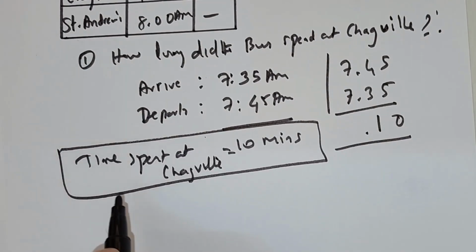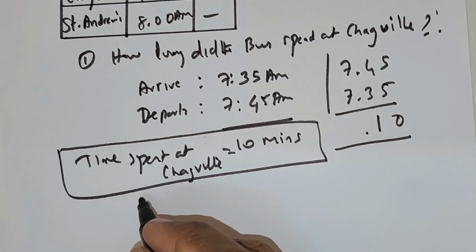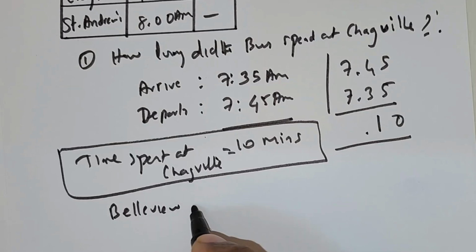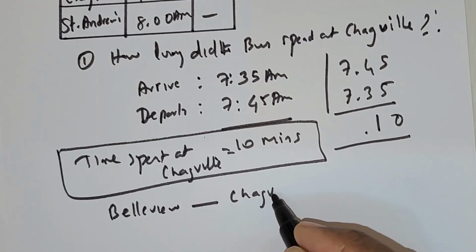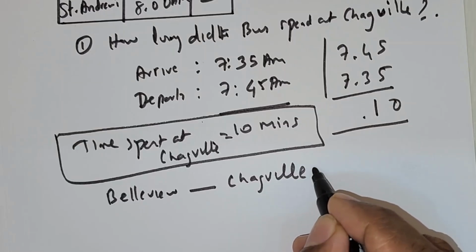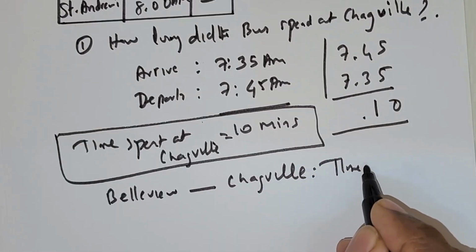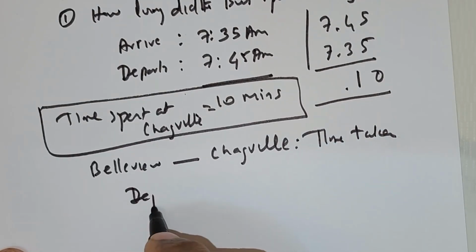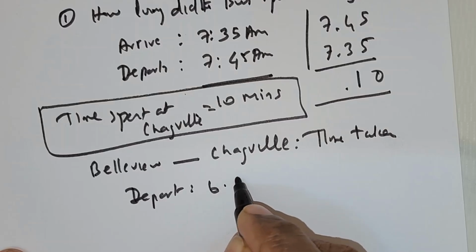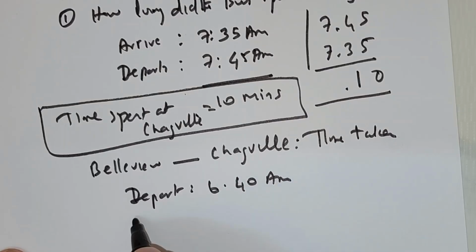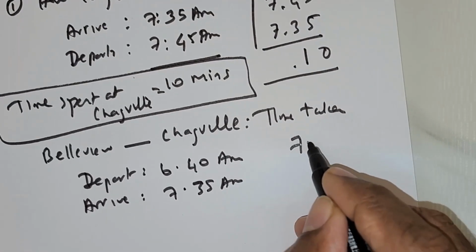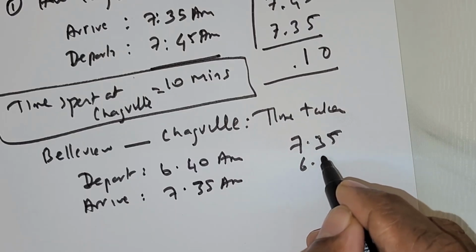Now how long did the bus take to travel from Bellevue to Chagville? They're asking us to find the time. Time taken. Now depart is 6:40 a.m. Arrive is 7:35 a.m. So from 7:35 you take away 6:40.